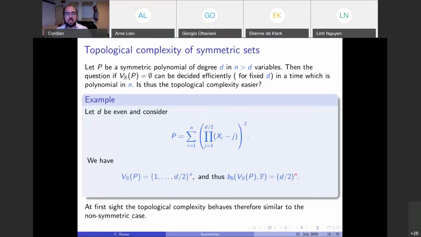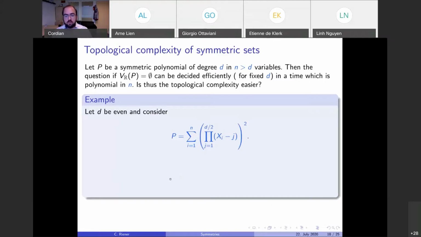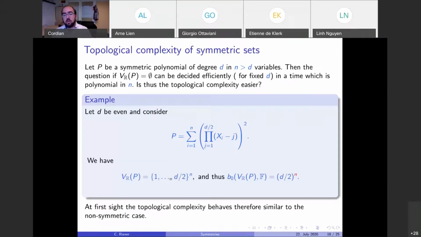Well, it is just all the points in the real n-space whose coordinates are either 1, 2, 3, up to d/2. Okay. So how many such points can we find?